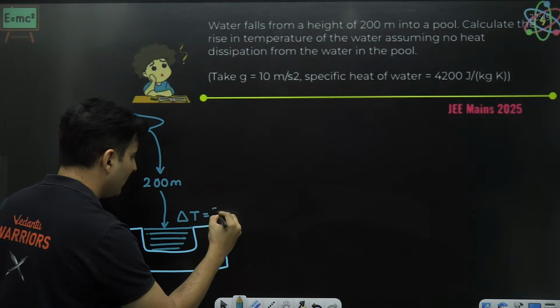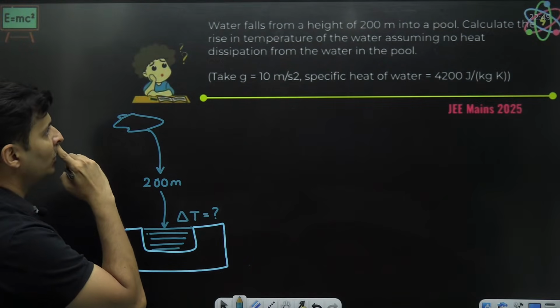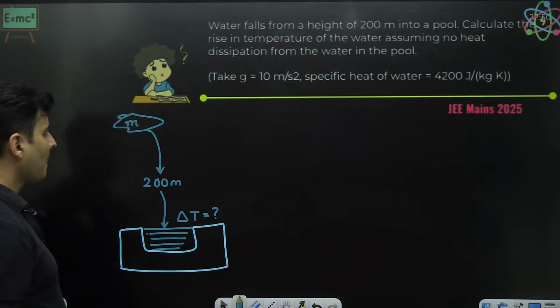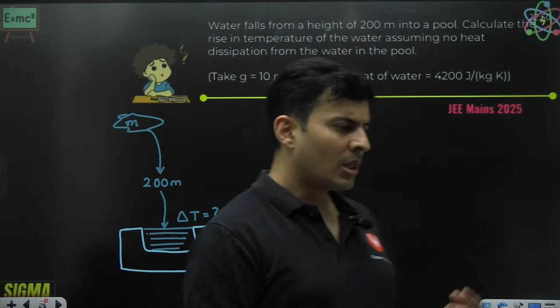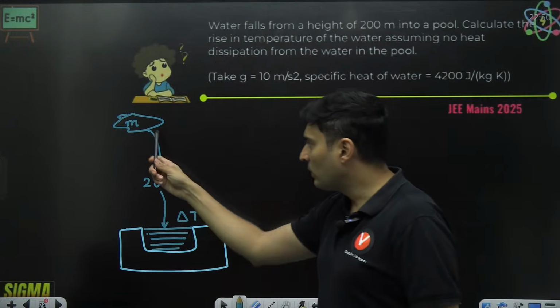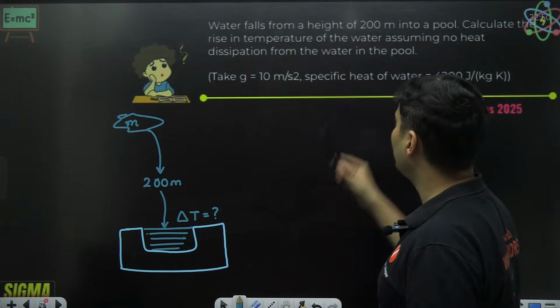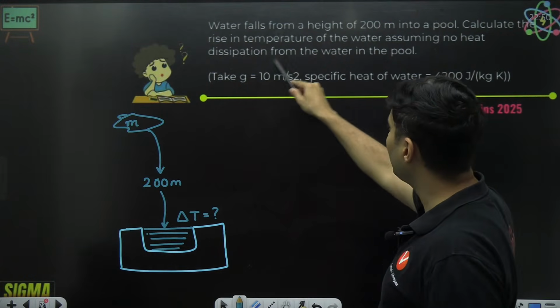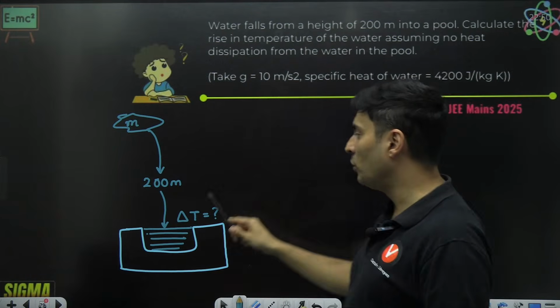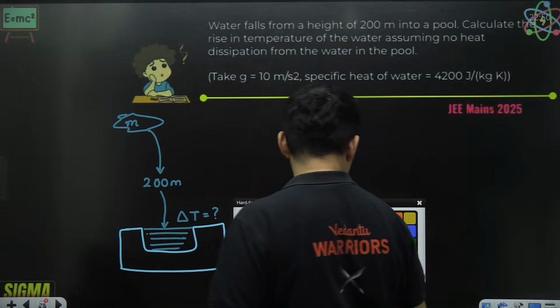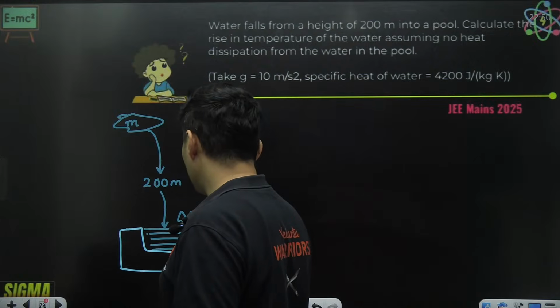I do not know the mass, so I'll just assume it as M. So no heat is going from the water which fell into the remaining water. That is the meaning of it. This is the water and this is the pool. Think of this remaining water as the pool.